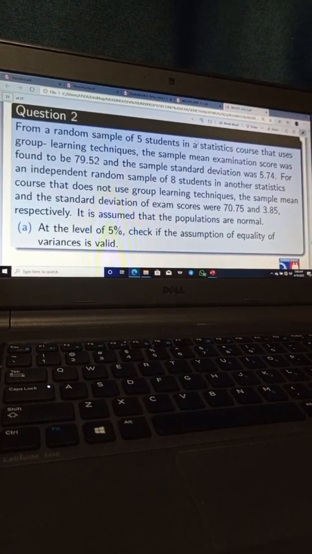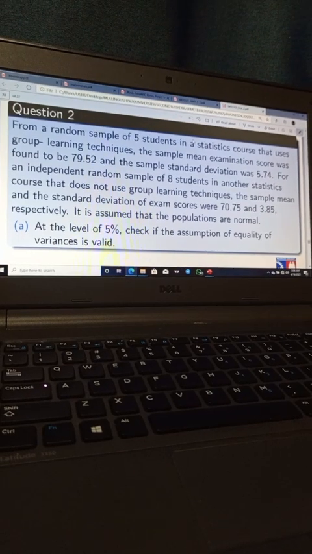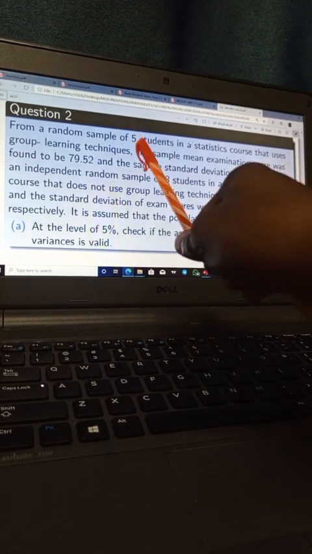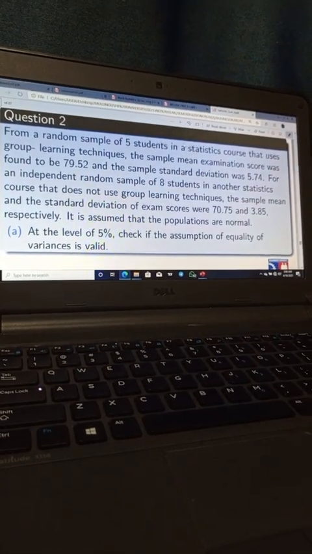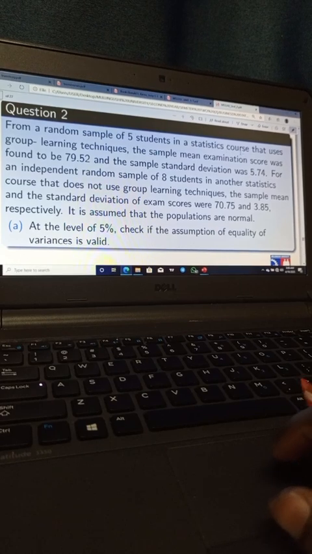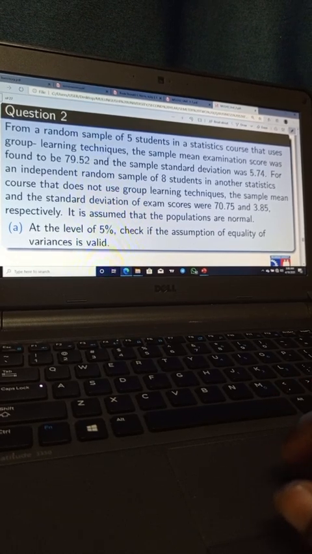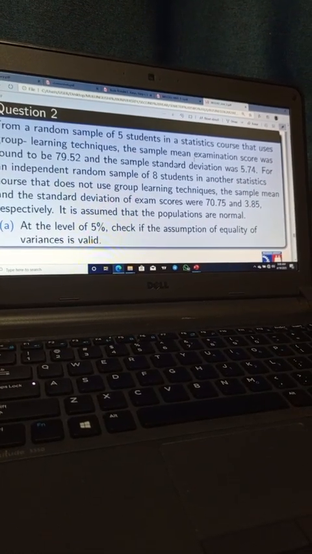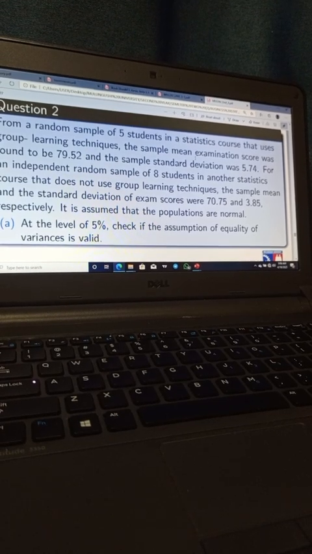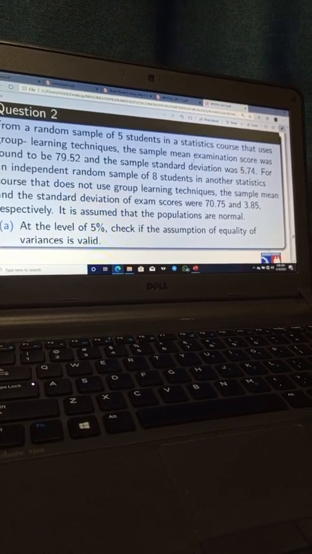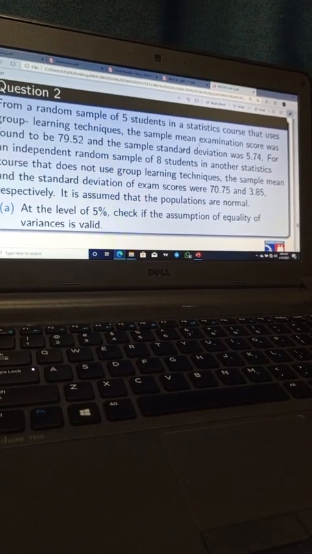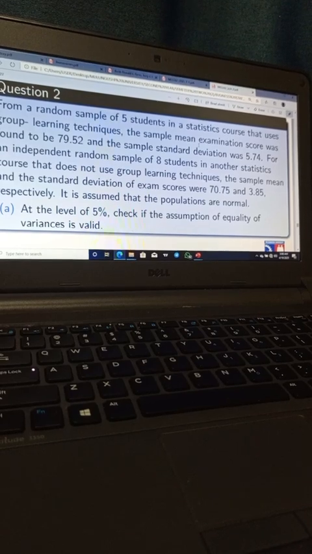From a random sample of 5 students, so n1 is equal to 5, in a statistics course that uses group learning techniques, the sample mean examination score, sample mean 1, is equal to 79.52, and the standard deviation, which you can say S or sigma, is equal to 5.74.